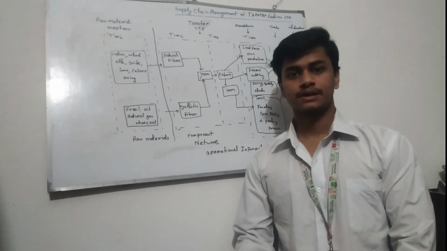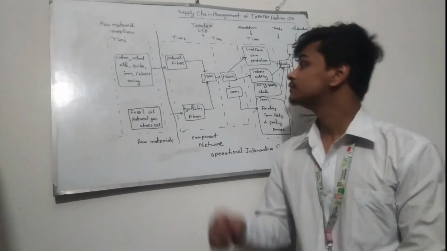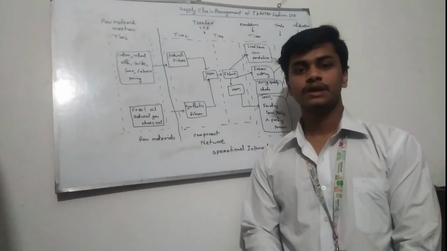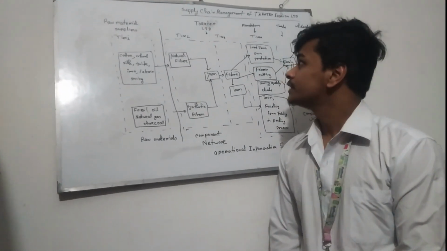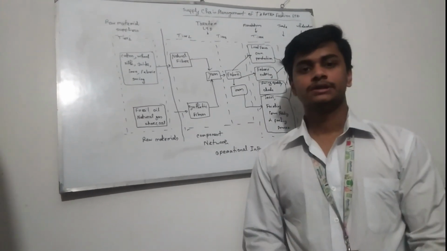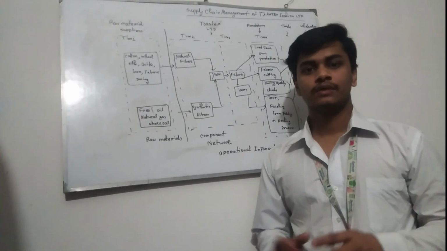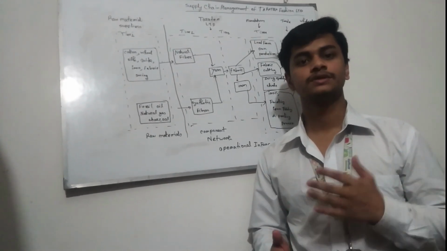Previously, I discussed the business model of the organization, Taratex Fashion Limited, which we recently visited, our three group members. Now we all know that there are two information systems in an organization: one is the management information system, the other is the operational information system.